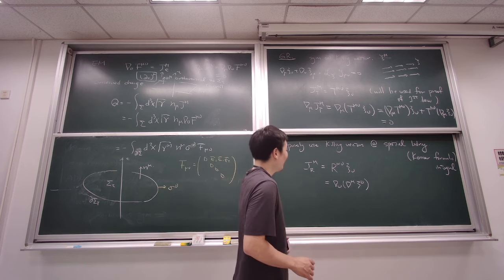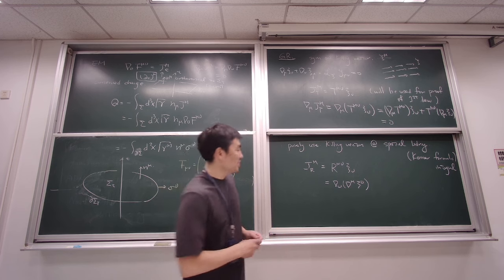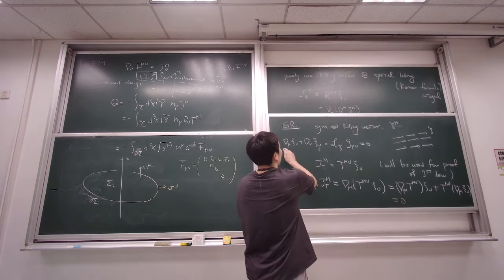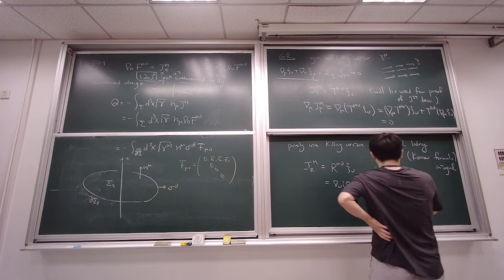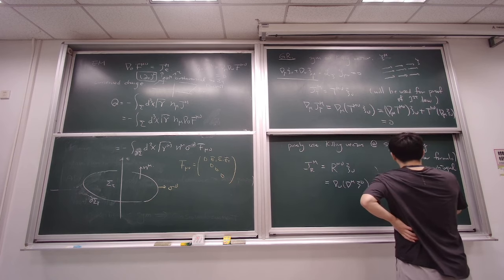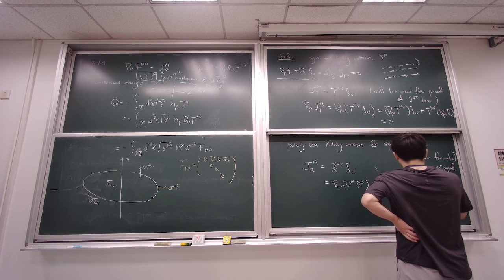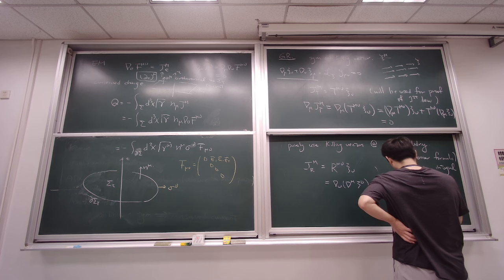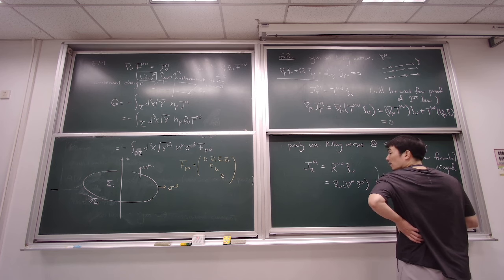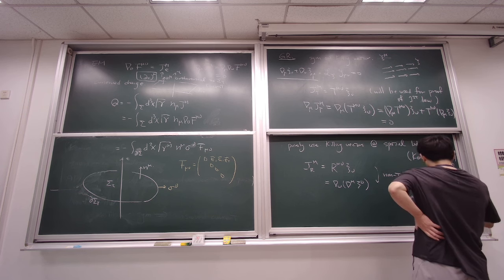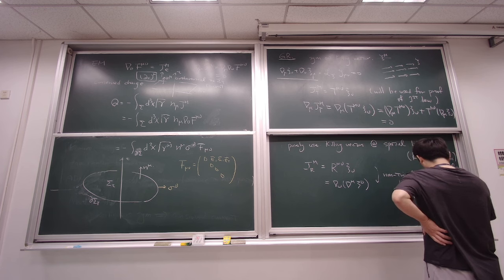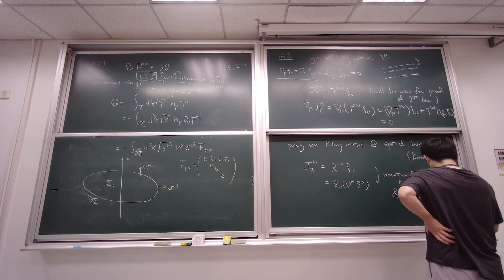In fact, do you want me to derive it? So we not only use this one, but you also have to use, so this step is non-trivial, the Killing equation plus the Bianchi identity of the curvature tensor R_μνρσ.